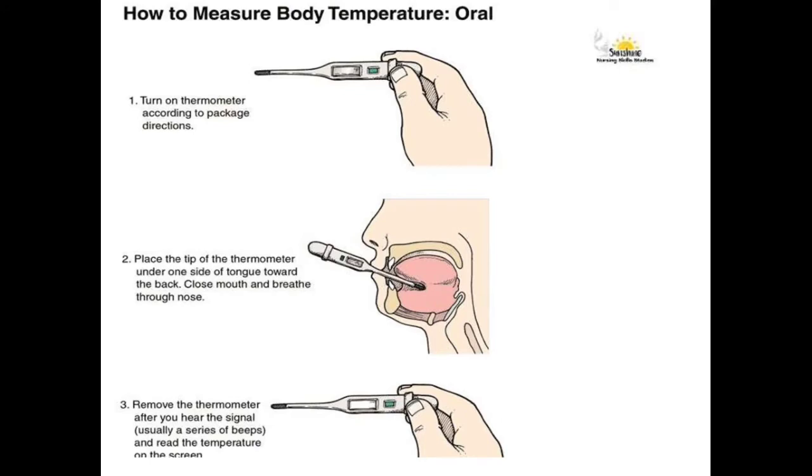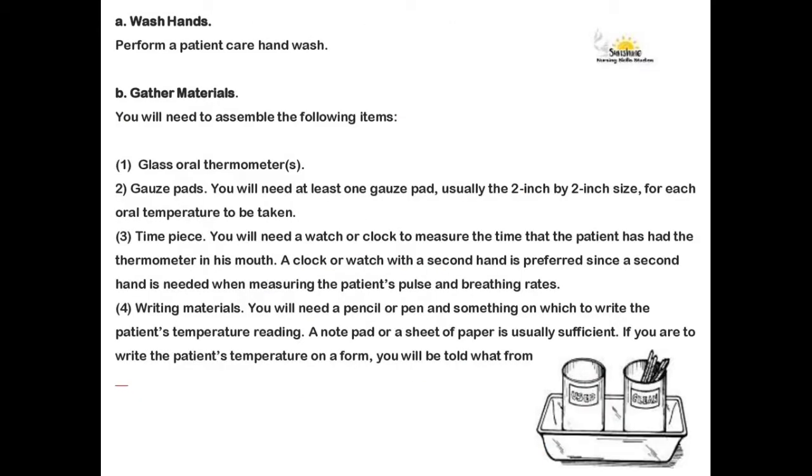So how to measure the body temperature? That is through oral. So these are the steps that you need to follow. To start with the procedure, we need to follow some basic principles like washing our hands, gathering the articles like glass thermometer, gauze piece, watch clock and writing materials to record the temperature.